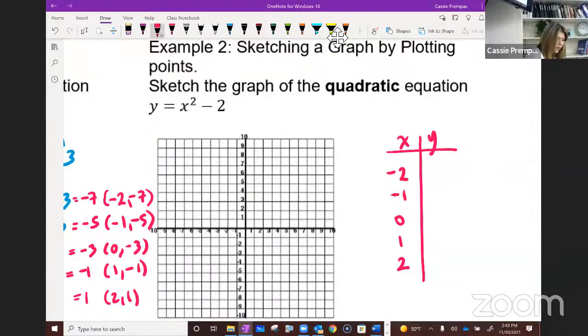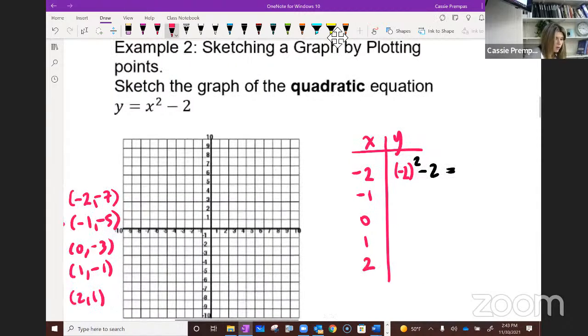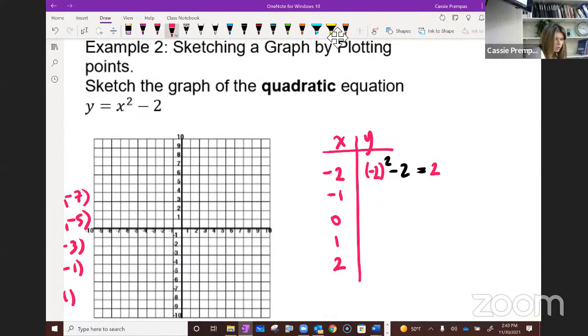So plugging that in for x, I would have -2 squared minus 2. What's -2 squared? 4. What's 4 minus 2? 2. So I have the point -2, 2. And I would plot that. Plugging in -1, I have -1 squared minus 2.